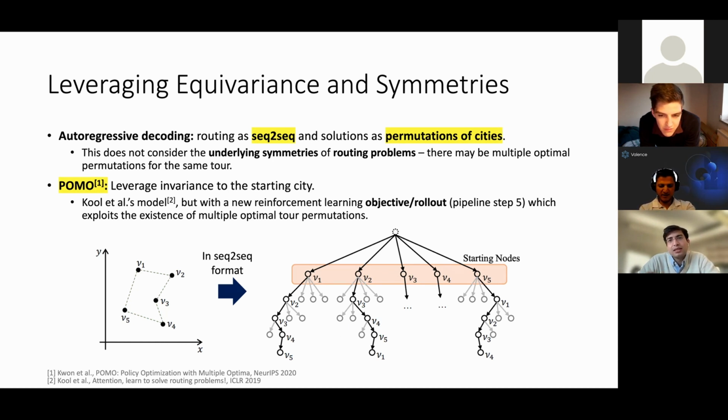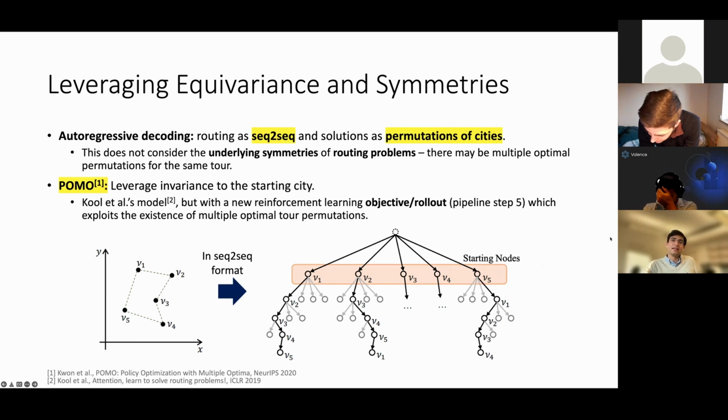And the way they enforce this invariance is that during the rollout, I don't think they start with all the cities, but they have some kind of stochastic or random way of starting from multiple cities and computing multiple rollouts during the RL loss function calculation.